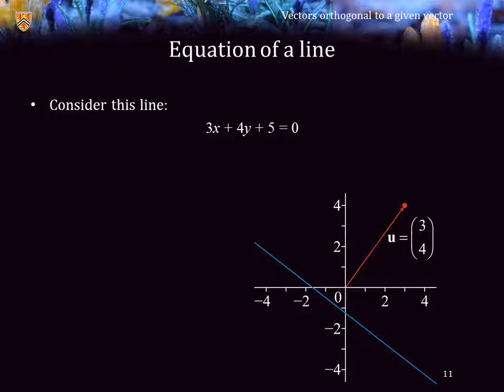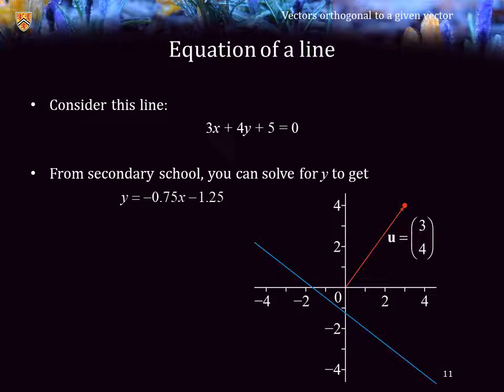Now, in the lower right-hand corner, we have the vector u equal to (3, 4). From secondary school, you can solve for y, and you can see that this line is the one that is shown in blue.